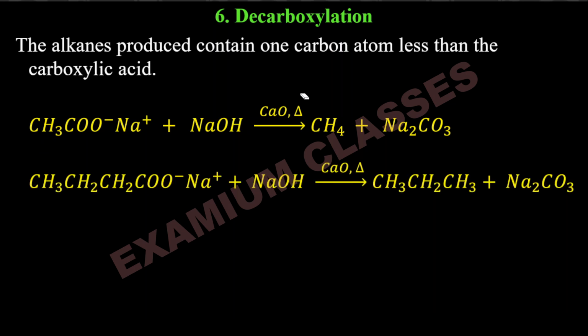Another example, instead of ethanoic acid or acetic acid, you can have propanoic acid, sodium salt of propanoic acid. No, this one is butanoic acid, 4 carbons. Here it is butanoic, not propanoic. You can have propanoic as well. Here it is butanoic acid, and the result will have 1 carbon less, that is propane.